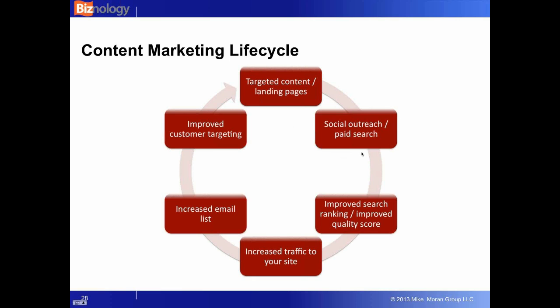You also have to do social outreach. You want to attract people to the pages that you've created to get them interested in it and tell them about it. When we talk about content marketing, I think there's a strong tendency to emphasize the content part and not always so much the marketing part. But you have to do that outreach to get people to share your content and to like your content.